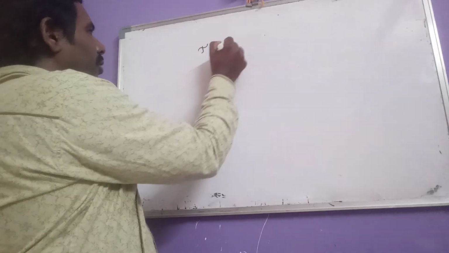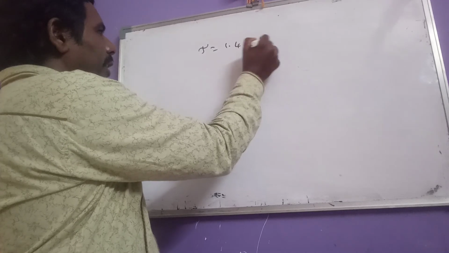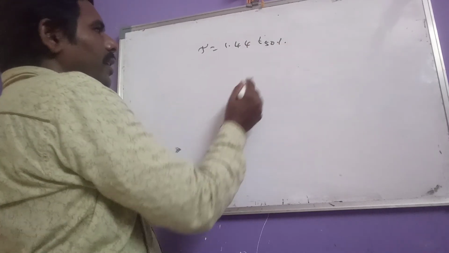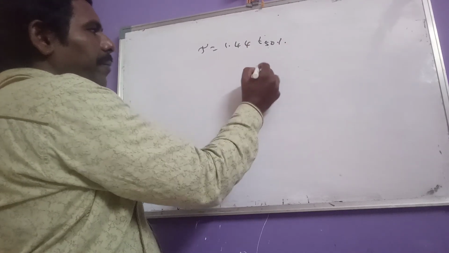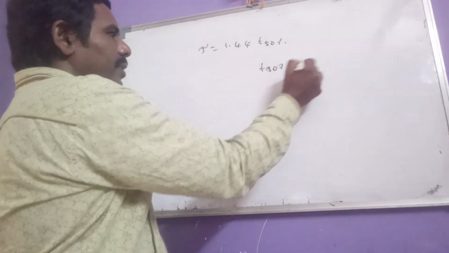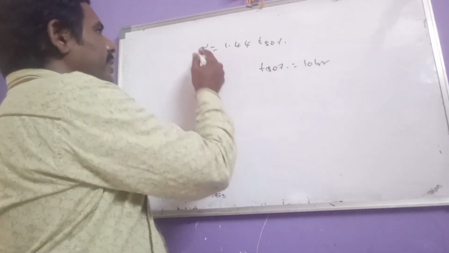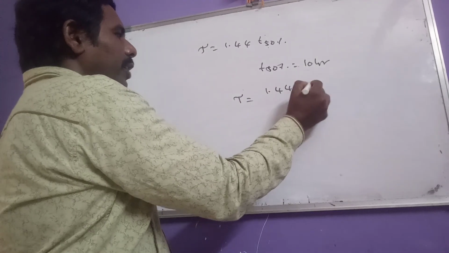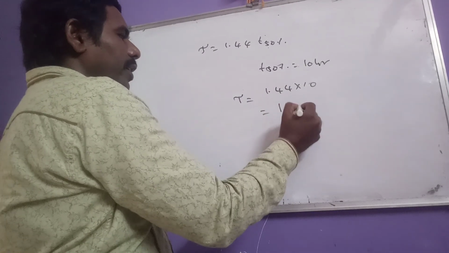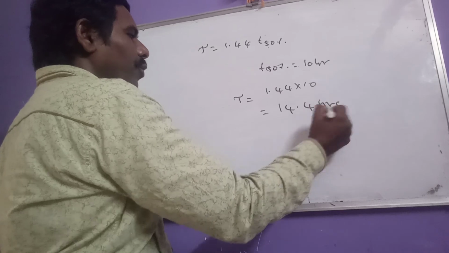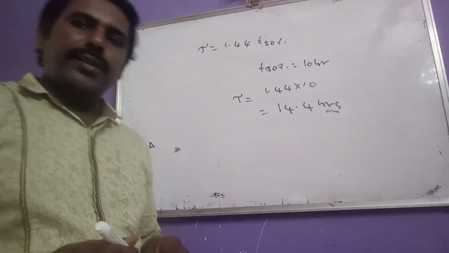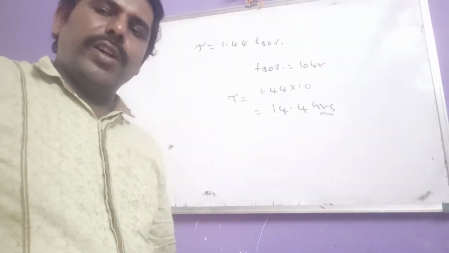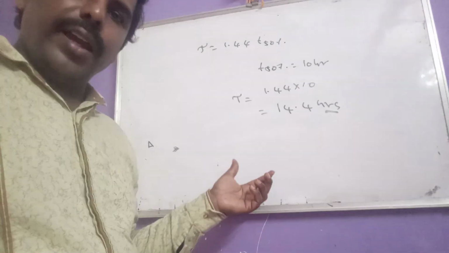Average life equals 1.44 into T 50%. So if the half-life time is 10 hours, what is its average lifetime? 1.44 into 10 hours, we get 14.4 hours.